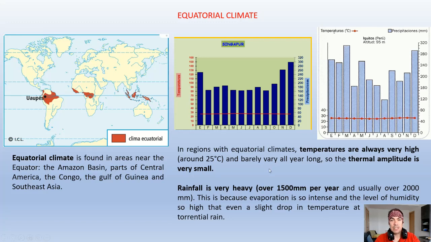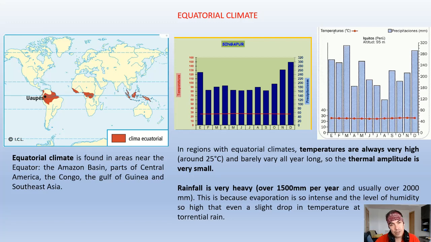So the sum of all the precipitations is usually over 1,500 millimeters per year at least, okay? Because usually it is over 2,000, and we will see climates in which the precipitation is even over 3,000 millimeters. Why is this?